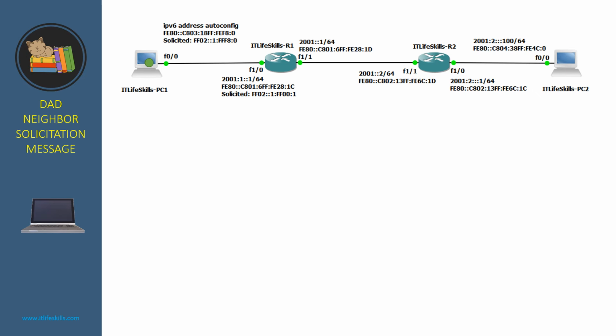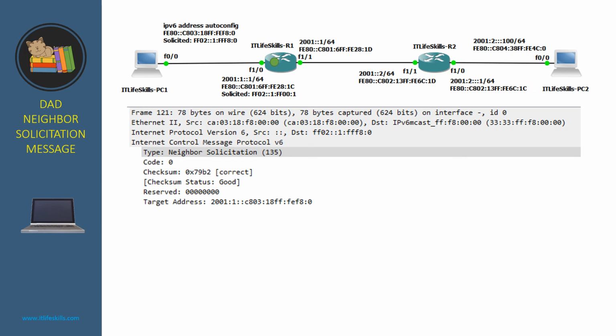Before installing the IPv6 autoconfig address on its interface, PC1 needs to perform the duplicate address detection process to verify if the IPv6 address is already in use. To do that, it will send the DAD neighbor solicitation message. Here is the neighbor solicitation message.